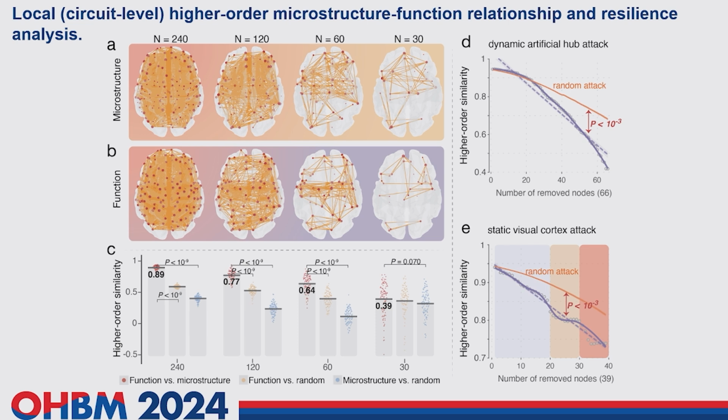Their high-order relationship is higher compared with random networks. And we use an artificial hub attack. This can significantly disrupt the network's high-order similarity. Even when we use a targeted visual cortex attack, it can also disrupt the high-order similarity.